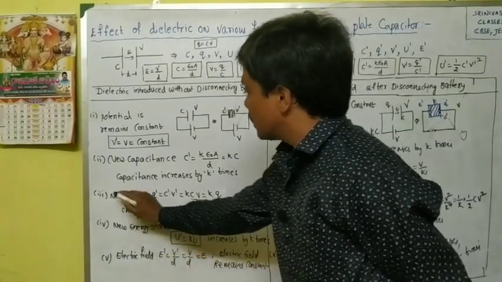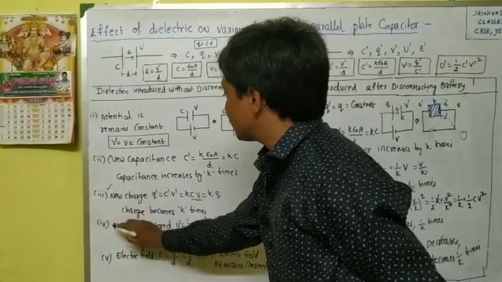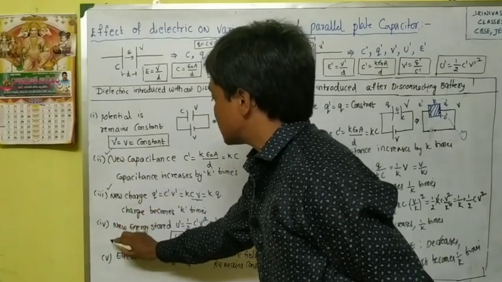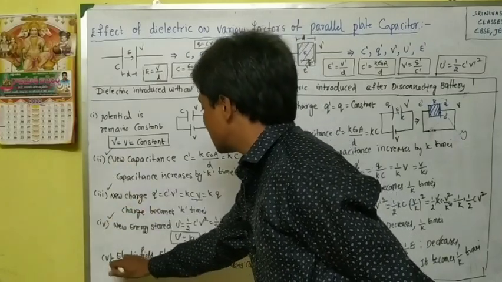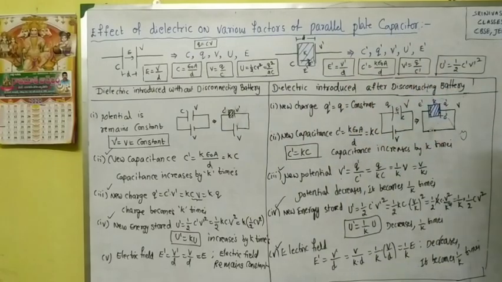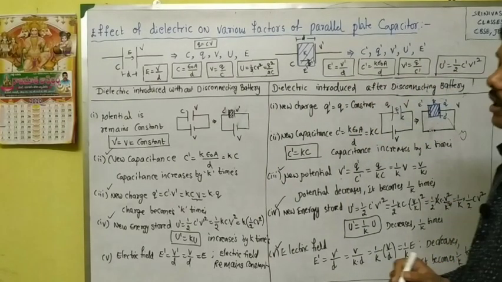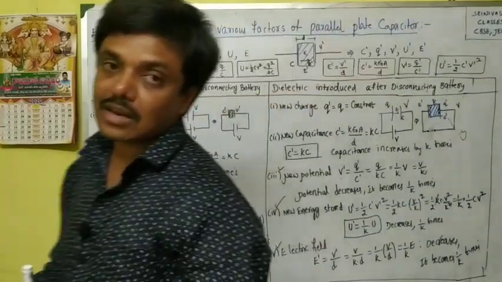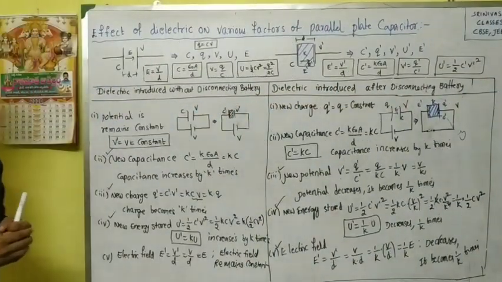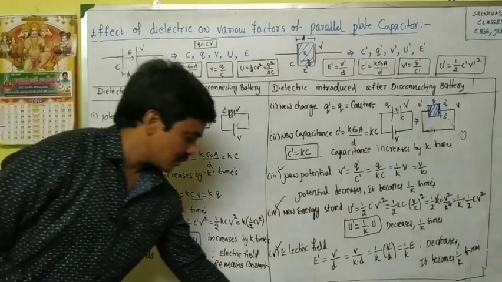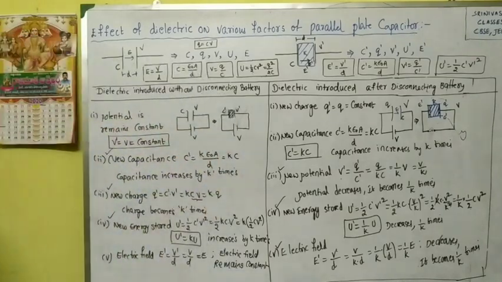At that moment the charge increases, capacitance increases and energy stored increases, but the electric field remains constant. These are the factors showing how a dielectric changes various quantities. Now let us go for one interesting problem, that is how to simplify a network problem.